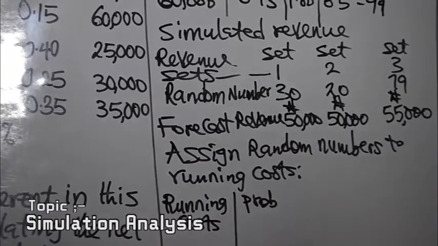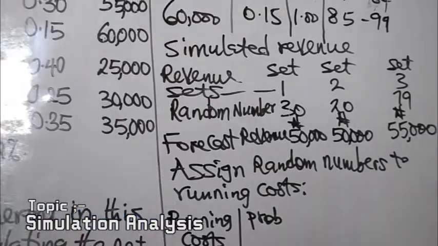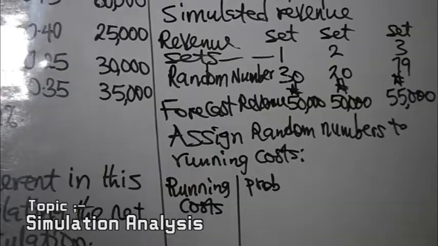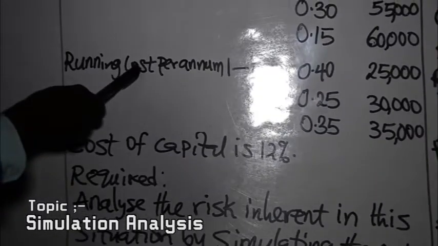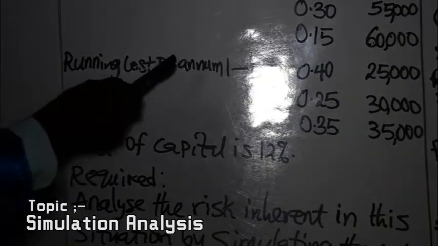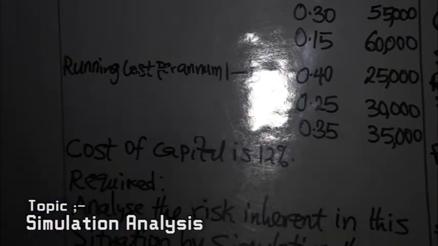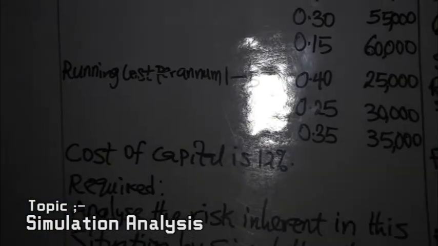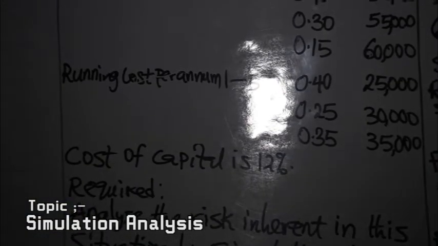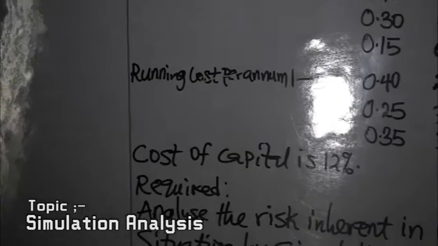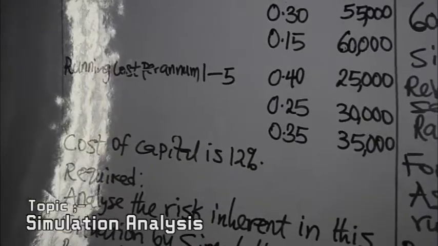What are the running costs given in the question? Back to the question, we have the running cost for year 1 to 5.